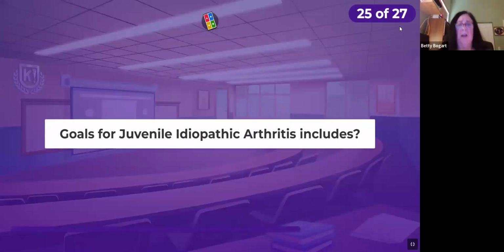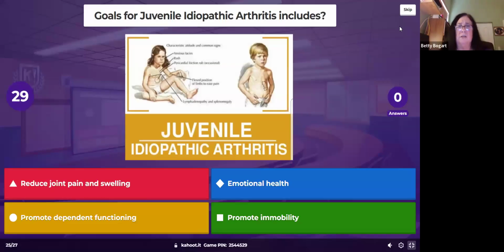Goals for juvenile idiopathic arthritis include, well, what is JIA? It's the body. And what does the body do? It says, I don't like your joints. I'm going to eat you up.